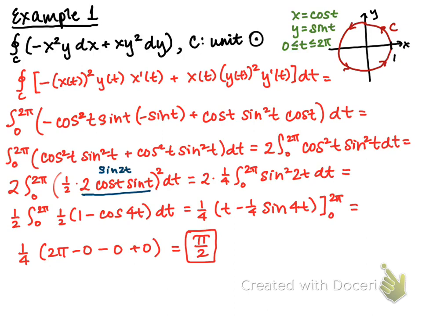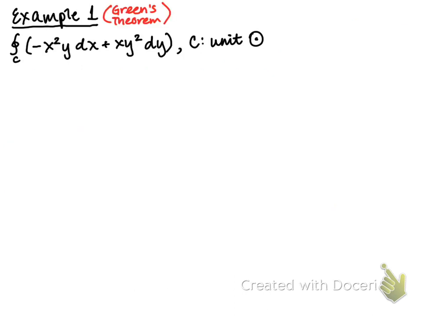However, Green's theorem gives me another method for how to evaluate this. So let's look at the same problem again, and this time, let's do it using Green's theorem. I'm going to write out the theorem just so we can look at it while we're figuring out how to do this.